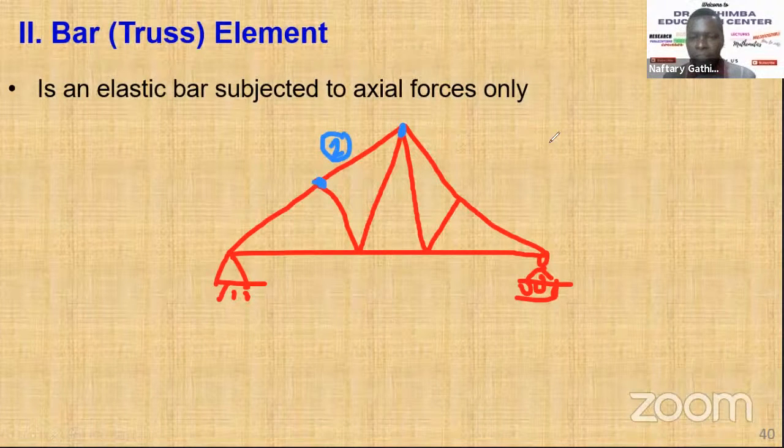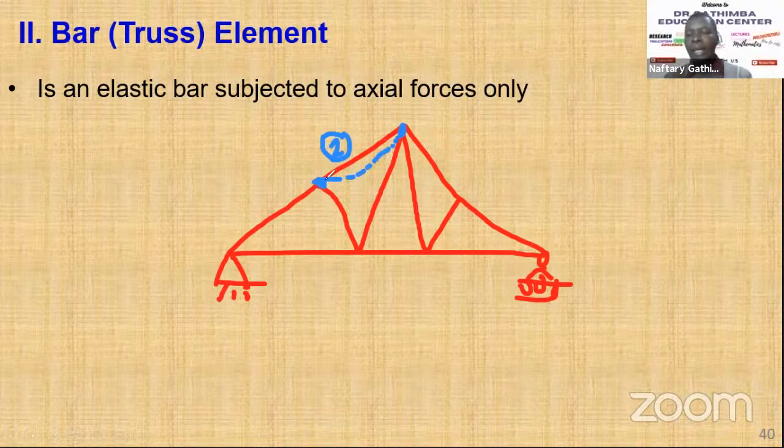It means no moment, no bending, because if it was fixed here, then we know that bending would occur in this member. But now when the joint is pinned, there is no moment that will develop, no rotation restraint at the joint, because the joint is free to rotate. That's the meaning of a hinged or pinned joint. And again, only axial loads.